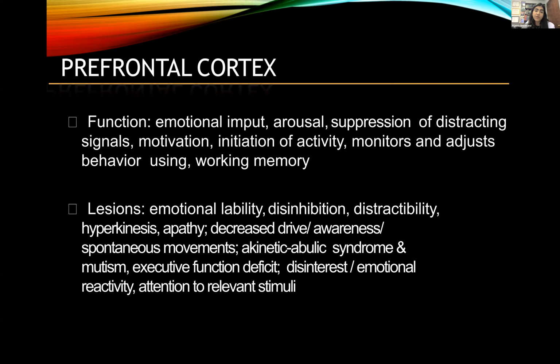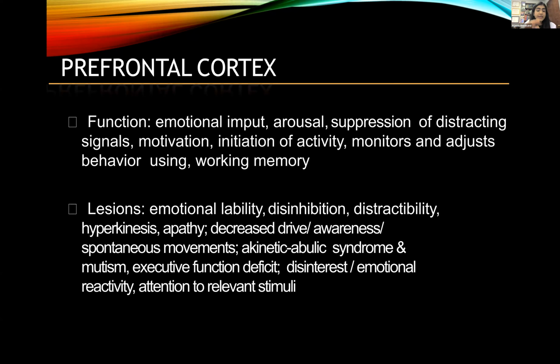So this is just a summary of what I have said. A major part of the prefrontal cortex is to control your emotion, to suppress distraction, and to help with arousal, motivation, initiation of activity, and executive functioning in our day-to-day lives.